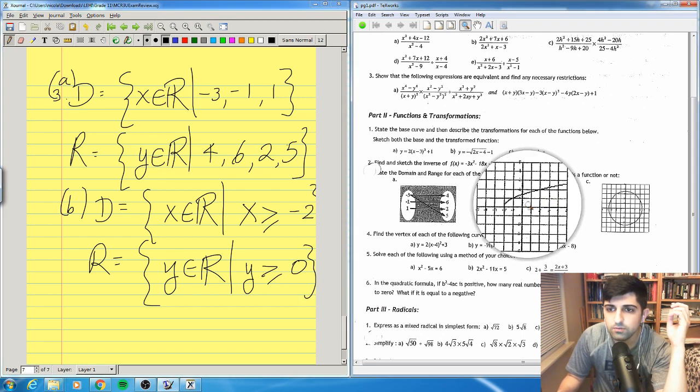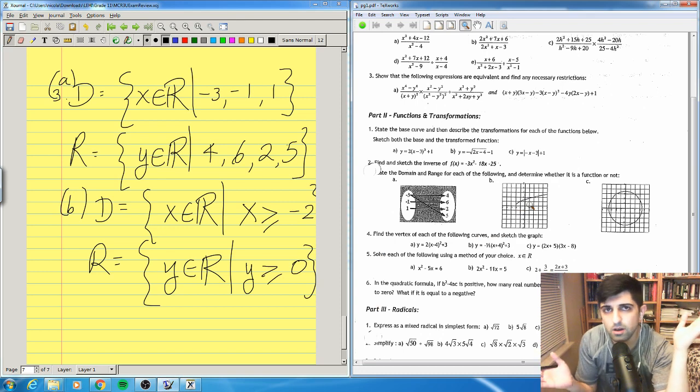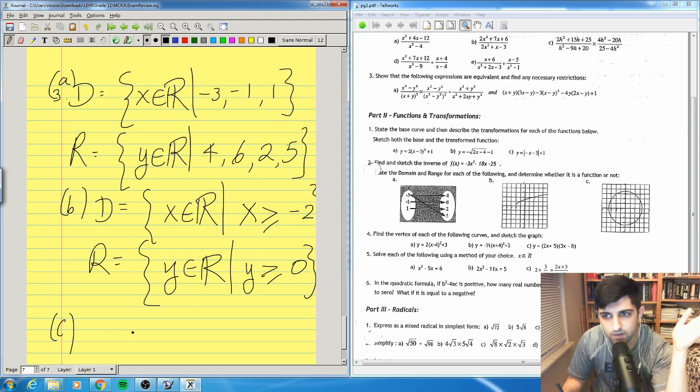Okay, so for this function, whenever you're given a plot, just see if it passes the vertical line test, right? It's very straightforward. So it does pass the vertical line test, so it is a function. So again, part C is not a function, and that has, I think that's 3.5, -3.5. So the domain and the range are numerically the same.